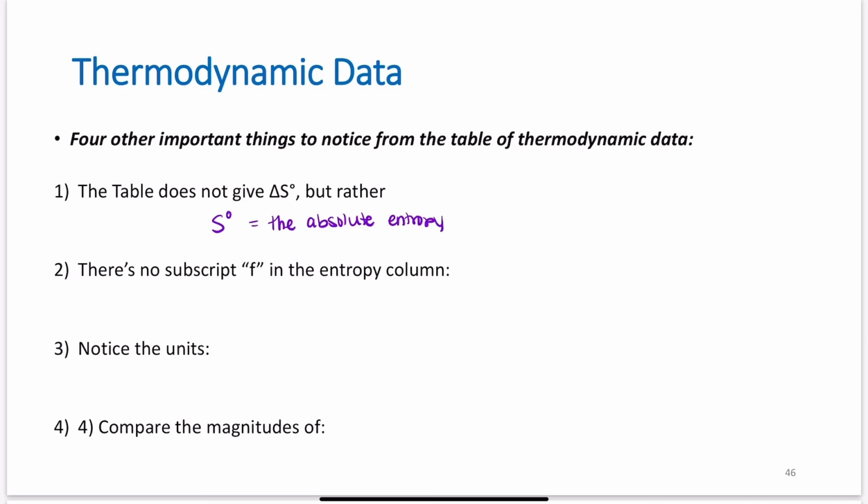We only get that subscript f for delta H and delta G, because the subscript f refers to a formation reaction. When I write S naught, this is the absolute entropy. It's completely independent of any reactions.